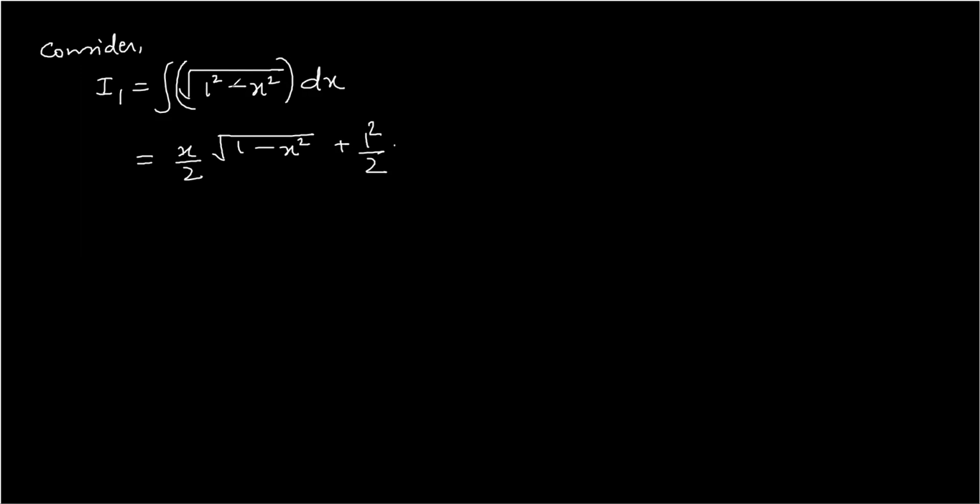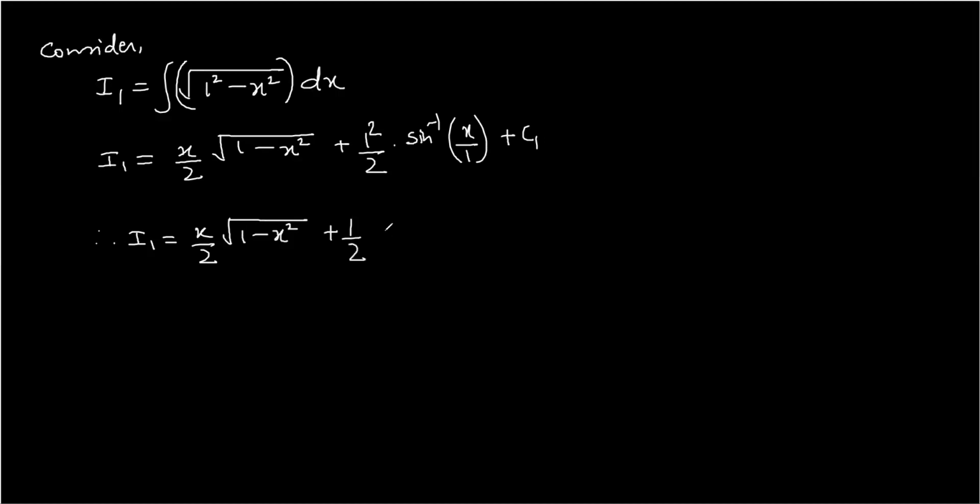What is the integration of 1 upon square root of 1 minus x square? That is sine inverse of x upon 1 plus c1, because this is I1. Therefore I1 equals x upon 2 square root of 1 minus x square plus 1 by 2 sine inverse of x plus c1.